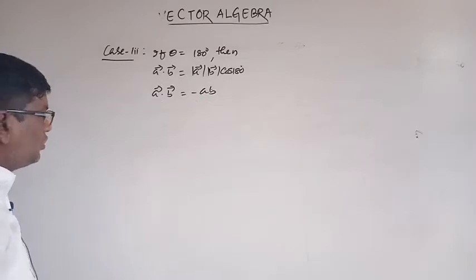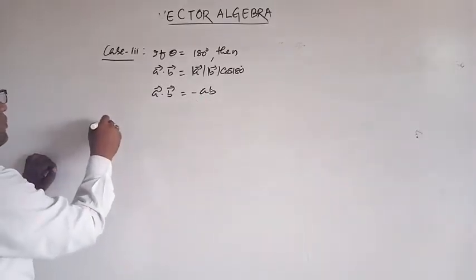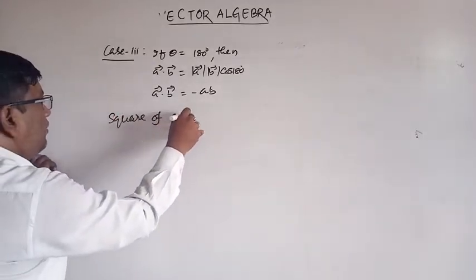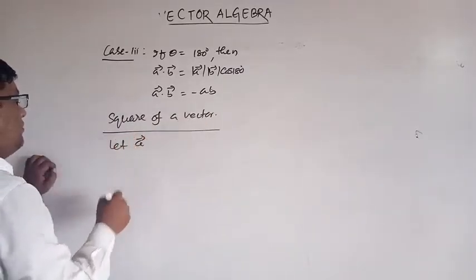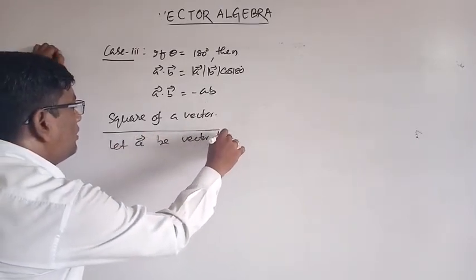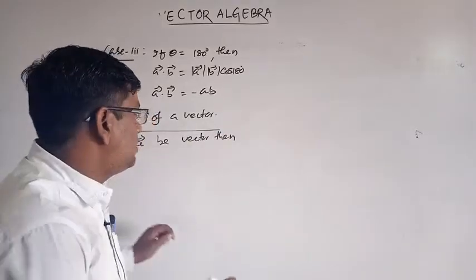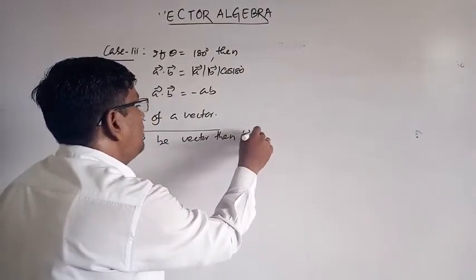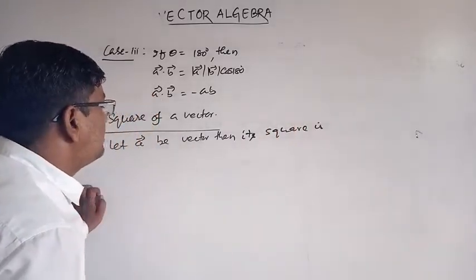Okay, so now square of a vector. Notes: let A be a vector, then its square indicates the magnitude squared, that is A square, and its square is a scalar quantity.